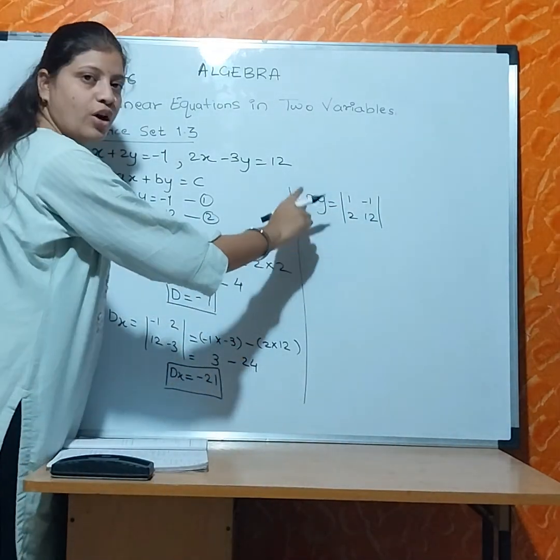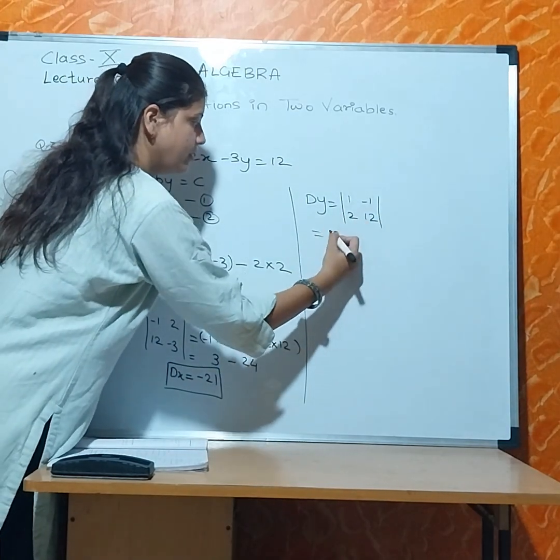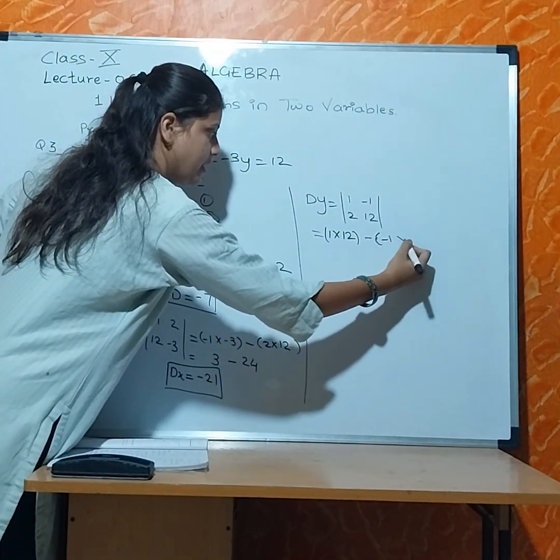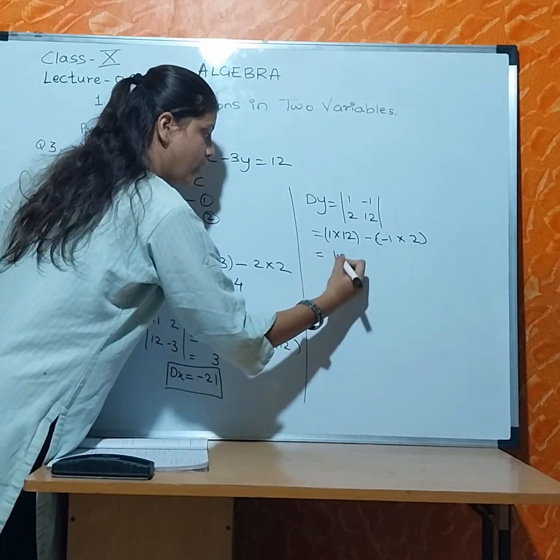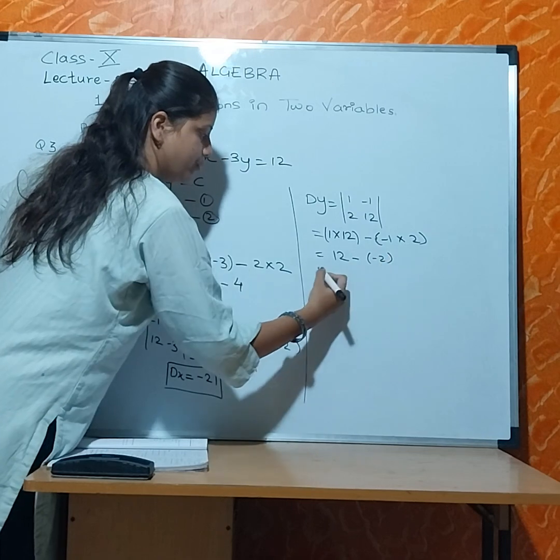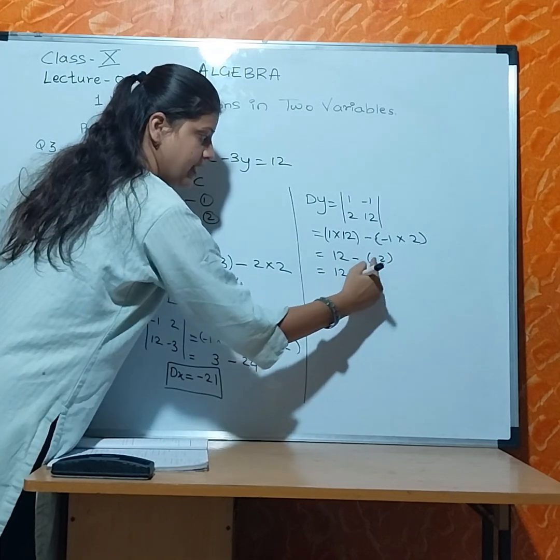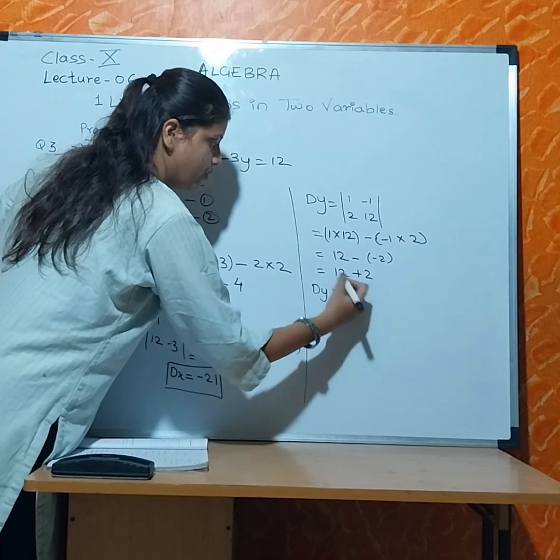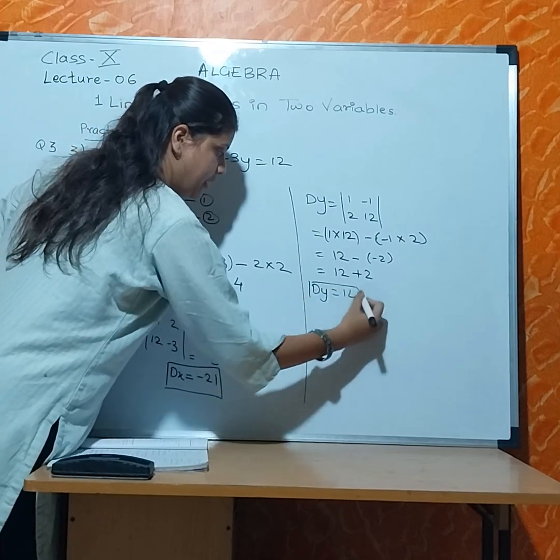Now here we will do cross multiplication. So 1 into 12 minus minus 1 into 2. So 12 ones are 12 minus minus 2. So 12 minus minus becomes plus 2. So dy is equal to, we get 14 here.